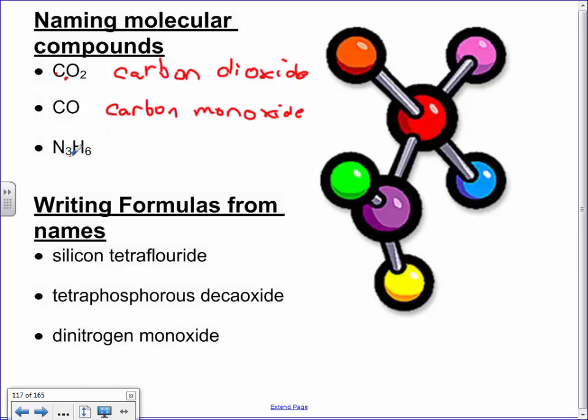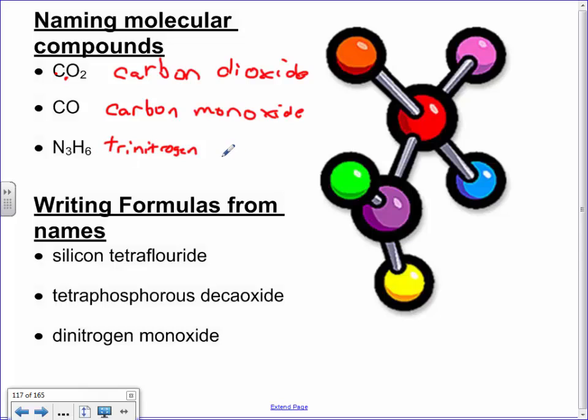N3H6. Now this one actually starts with not just 1 of something, so we have to put the right prefix. So, what's the prefix for 3 of something? Tri. So we're going to start with this. We're going to call it a tri, and then N is nitrogen. So we need trinitrogen. And then the next thing we have is 6 of something.